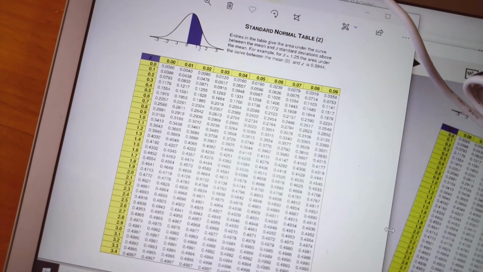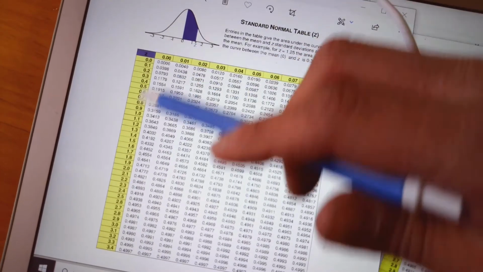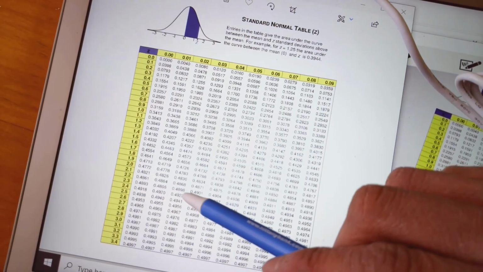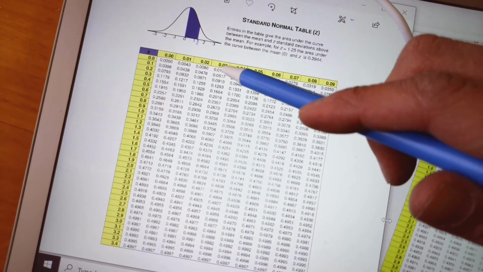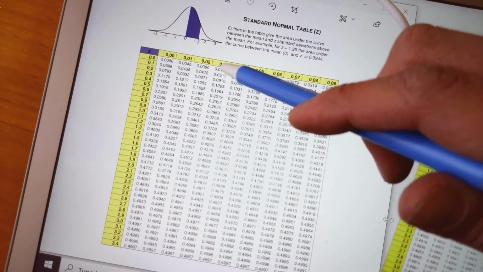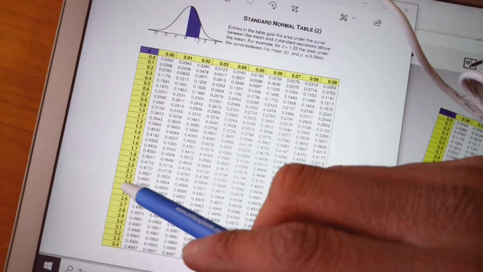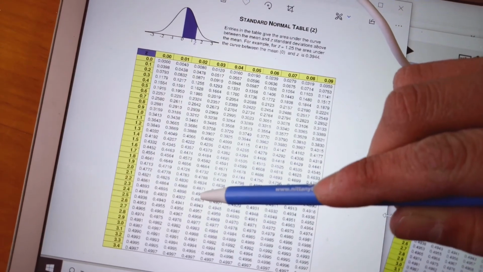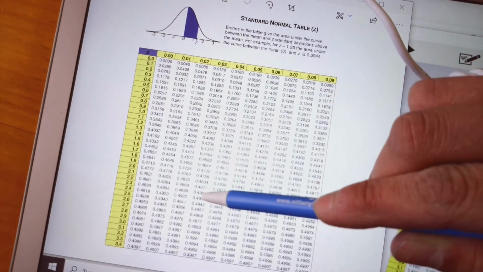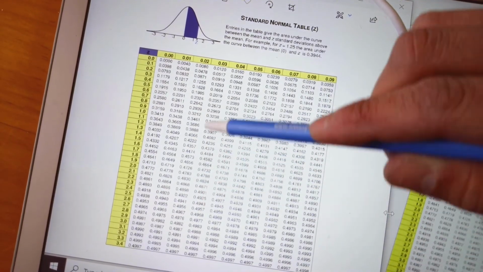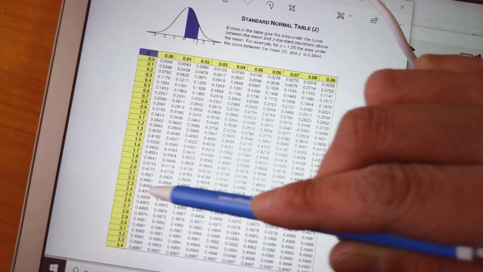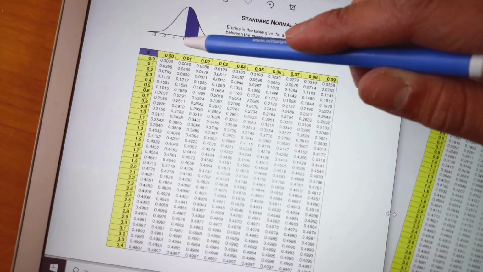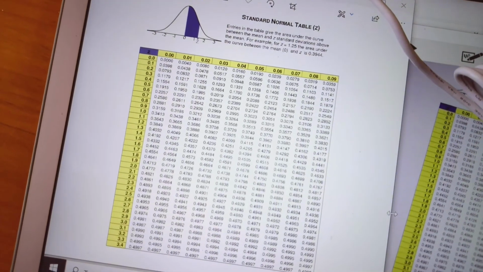So if we're looking for a z-score of 2.33, we're going to start by going down to 2.3, and then we're going to go over 3 more to get to 0.03. So we got 2.3 plus 0.03 gives us 2.33, and that means that the value where these two things intersect, where you have 2.3 and then 0.3, that's the area under the curve between the mean and a z-score of 2.33.